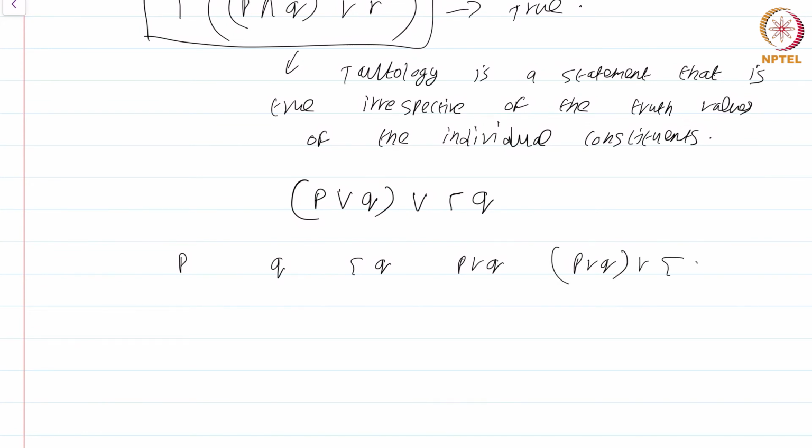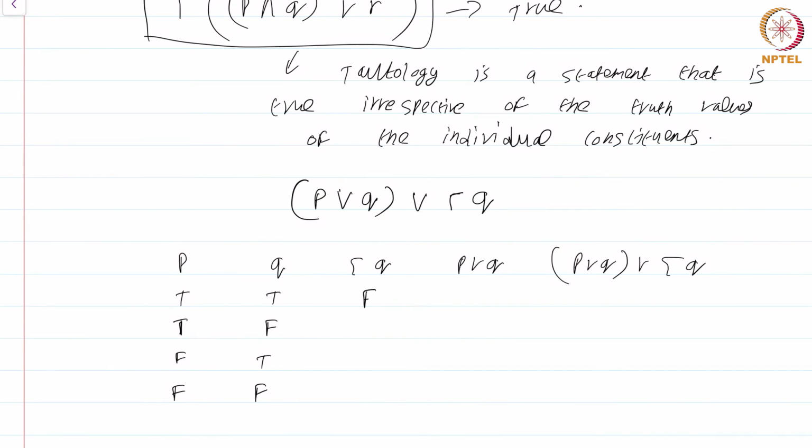Well, true, true, false, false. Okay. True, false, true, false. So in the first two columns, I have enumerated all the possible combinations of truth values that are possible for P and Q. Now I can compute what negation Q is. If Q is true, negation Q is false.